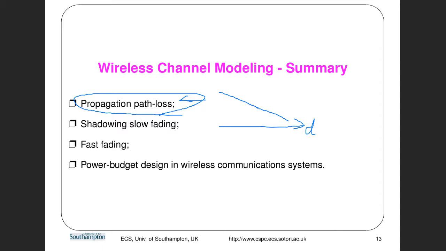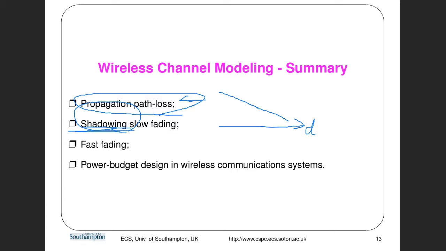So the next level is shadowing. Propagation path loss is a gradual power loss over distance. Shadowing is a more sudden signal blockage due to buildings or hills that are placed between you and the base station.